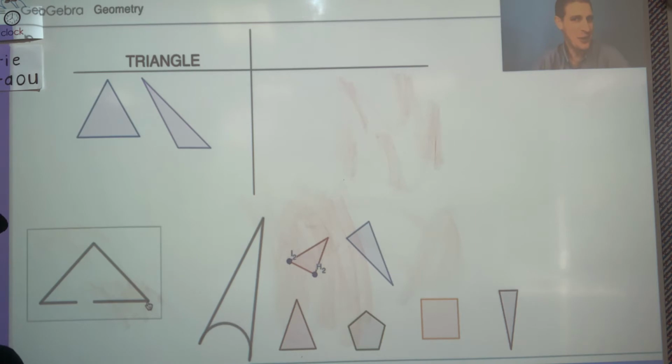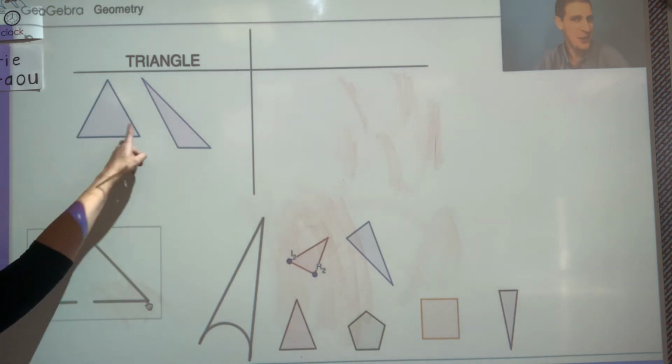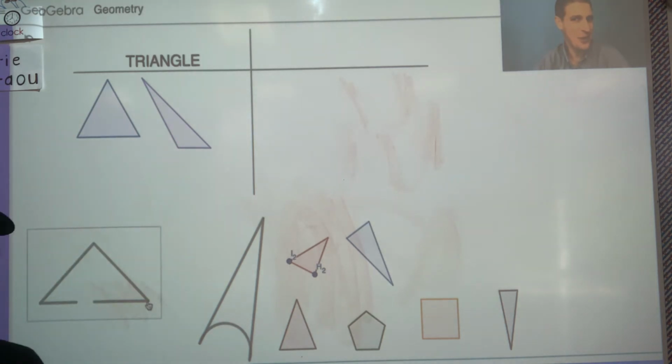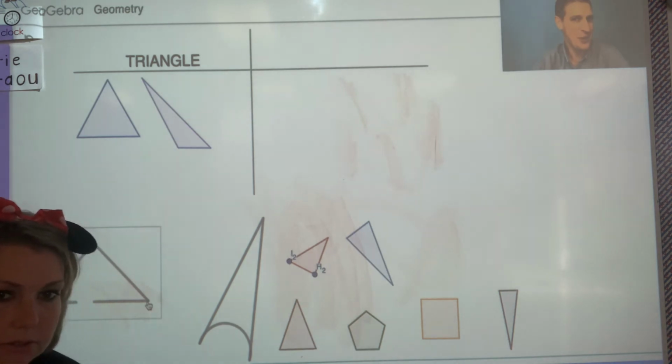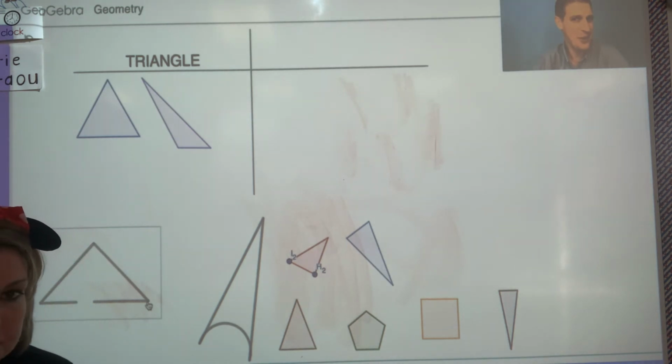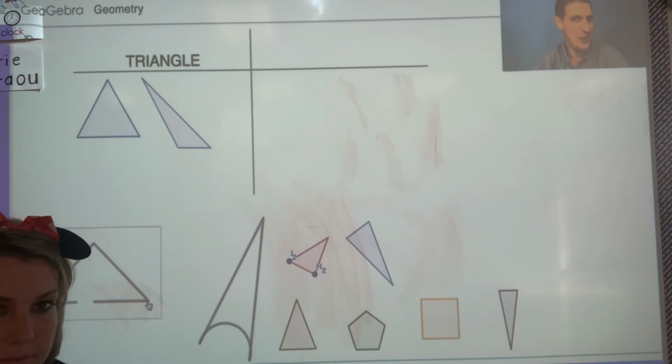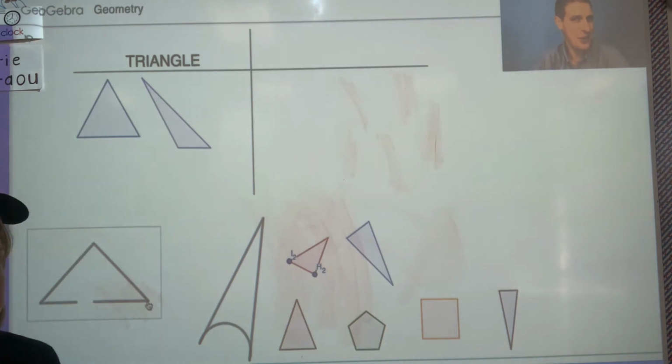What makes a triangle a triangle? Remember, these are triangles. What makes a triangle a triangle? Who can raise their hand and tell me? What makes a triangle a triangle? Russell?